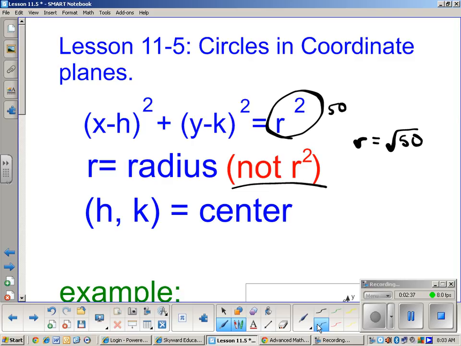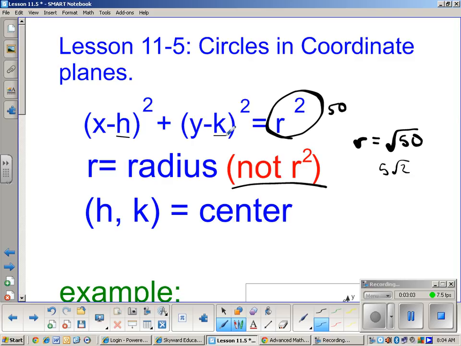If you were thinking that's 5 square root of 2, and that's why it's somewhere between 5 and 6, then that would be good thinking, because it is 5 square root of 2, but if you're thinking anything else, you probably were just confusing yourself. The square root of 50 is a little more than 7. Any questions on what the equation looks like?